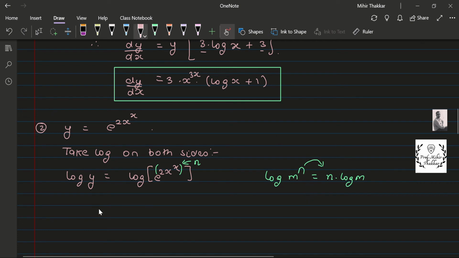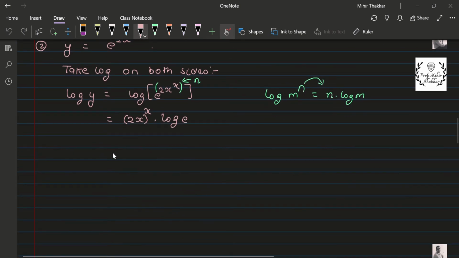When I apply this property, it becomes 2x to the power x into log of e. And you already know that log of e is always taken as 1. So I will just be left with 2x to the power x into 1.